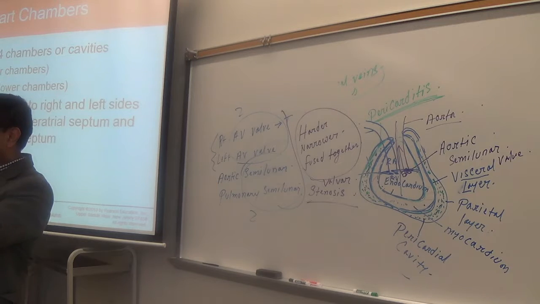Flexibility is lost, right? Normally they move like this, easily, right? But they cannot move. If they get fused together, okay, and get hard, they will not be able to move. The space will get narrow. The opening will be narrow. Make sense? Normally, when they open completely, a lot of blood flows, right? Now they move a little bit. So, less blood will pass through.